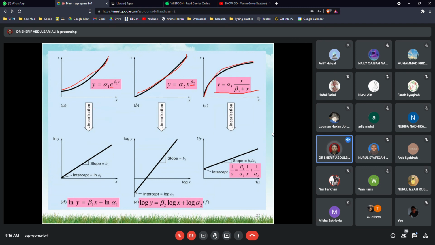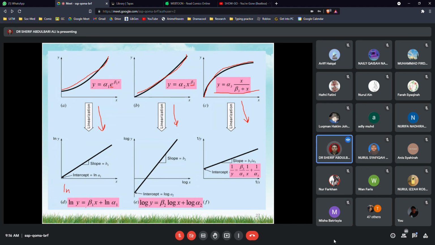This is how we can linearize them, how we can transform them. To linearize them, it also depends on the slope and the intercept, so you need to calculate the slope and the intercept for those three equations. If you have an exponential equation, to linearize it you need to use ln.